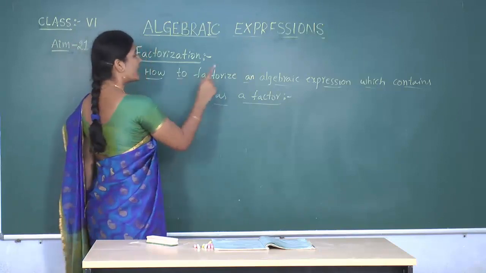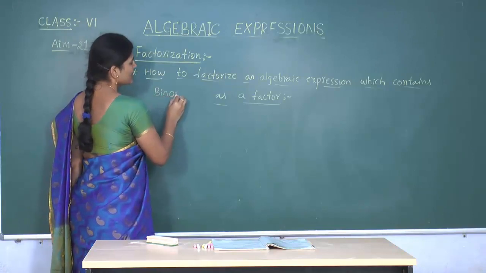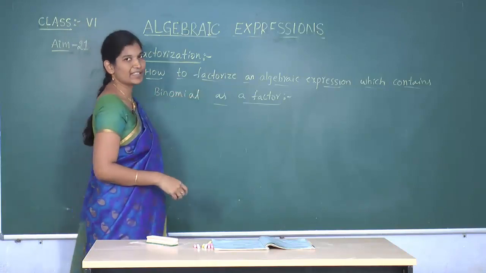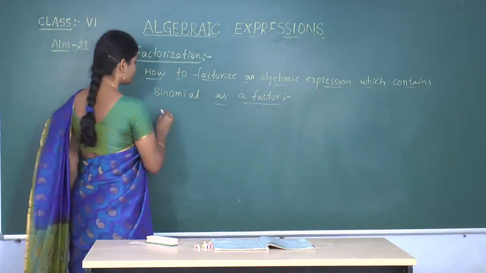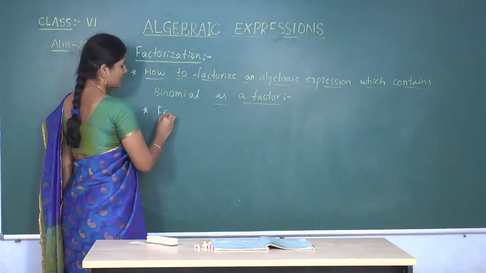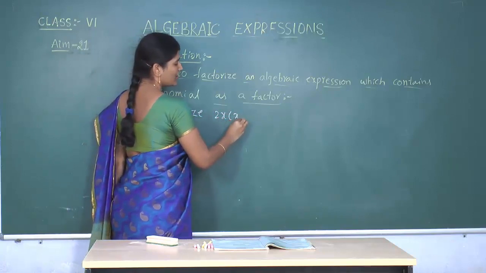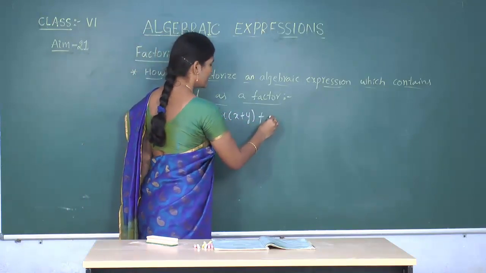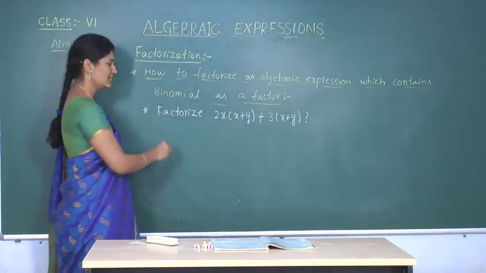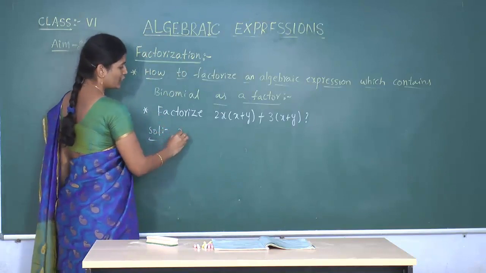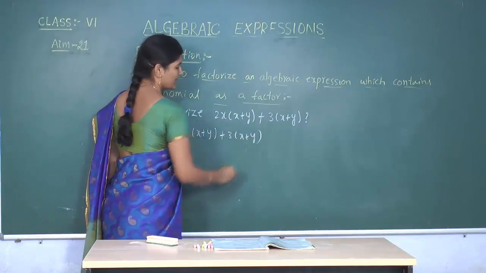Let me take one more example from our textbook: factorize 2x of (x plus y) plus 3 of (x plus y). Now, let me solve this problem. Note down the problem again: 2x of (x plus y) plus 3 into (x plus y).